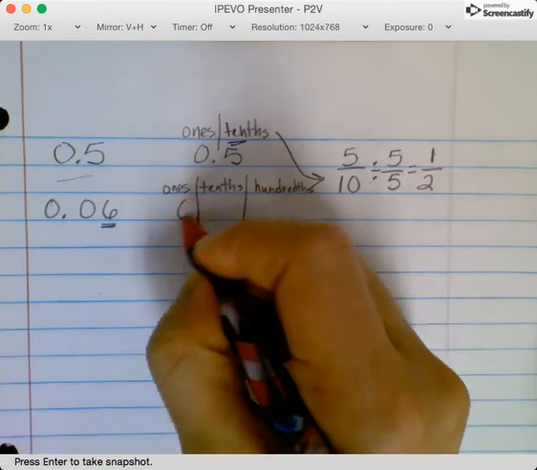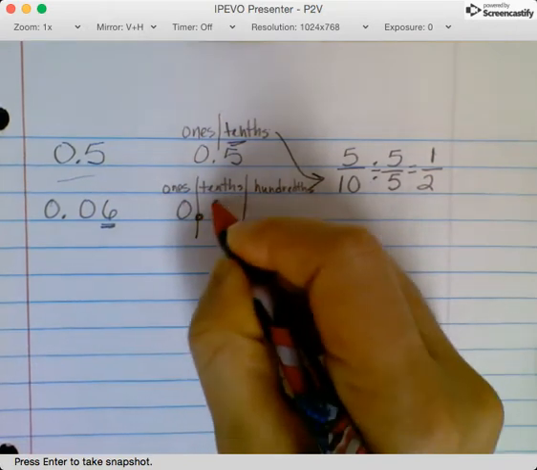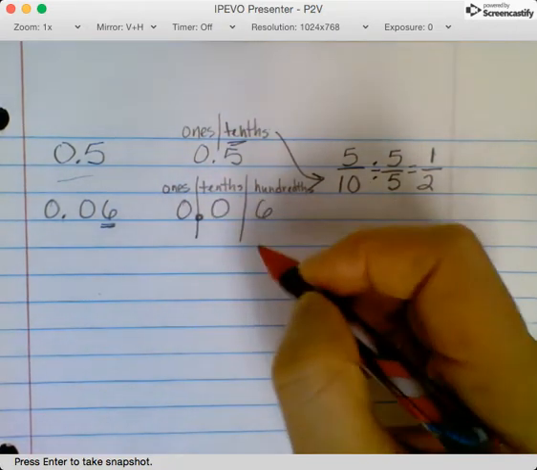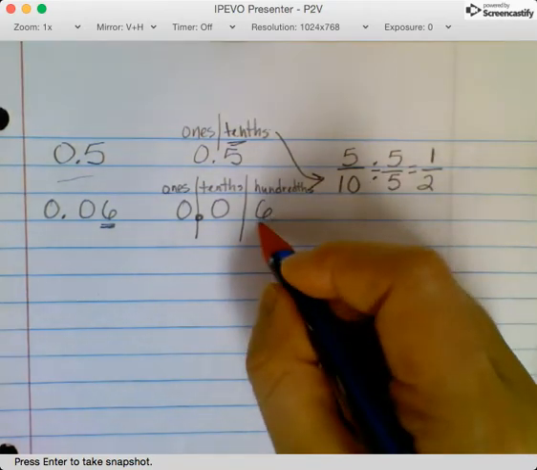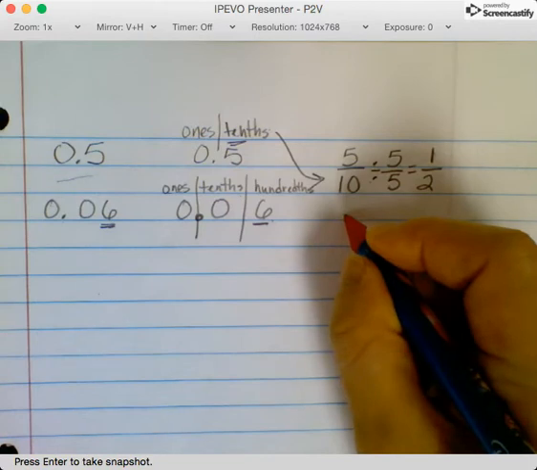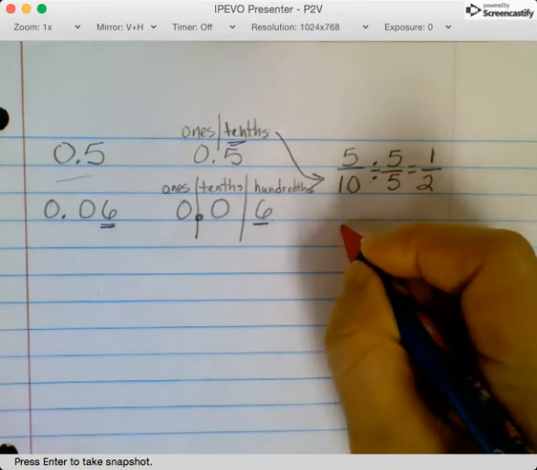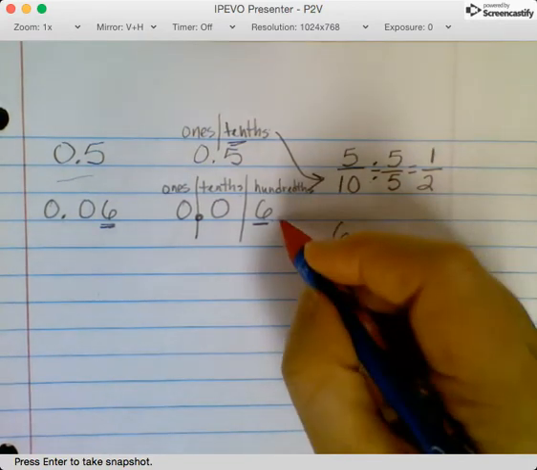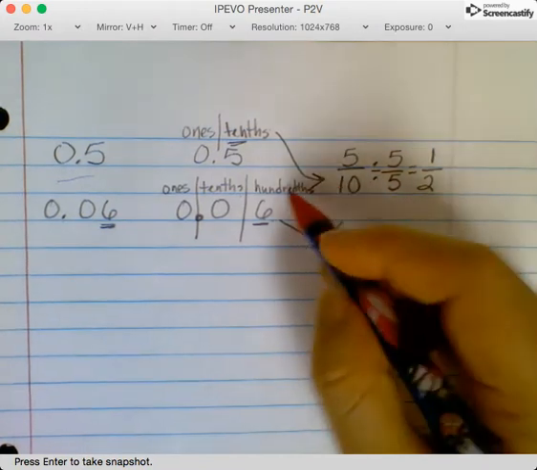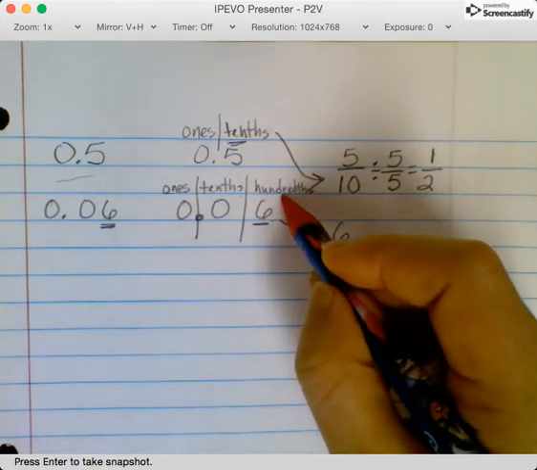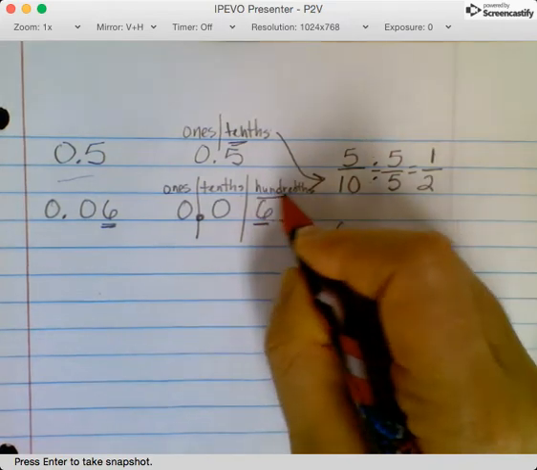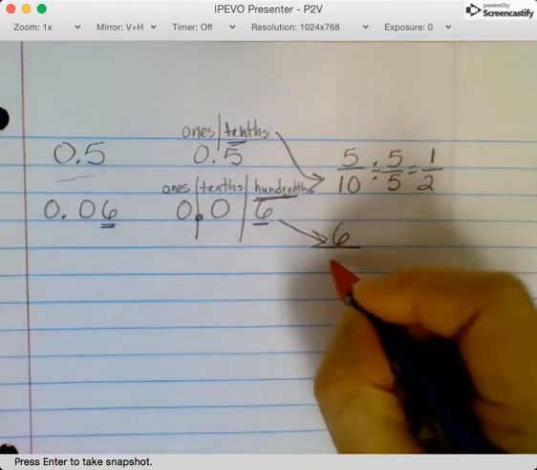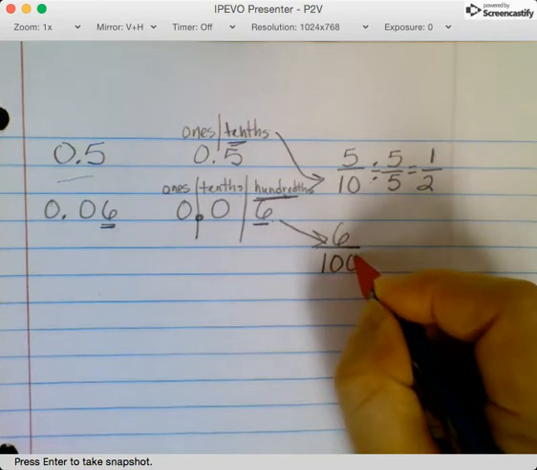So we have 0.06 or 6 hundredths. And so then, again, my number here would go on top of my fraction. And then my place value would be the hundredths. So I look at that word hundred and I put it on top of the number 100.